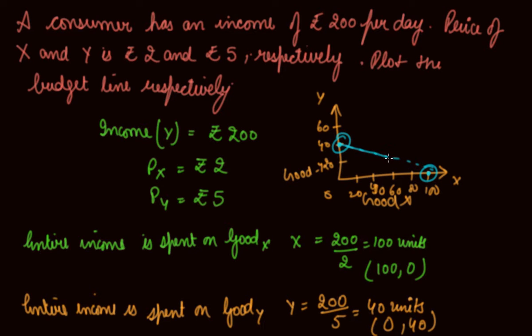This is the budget line you have drawn according to the question. It was so simple. I hope you have understood how to draw the budget line if the particular information is given to you.